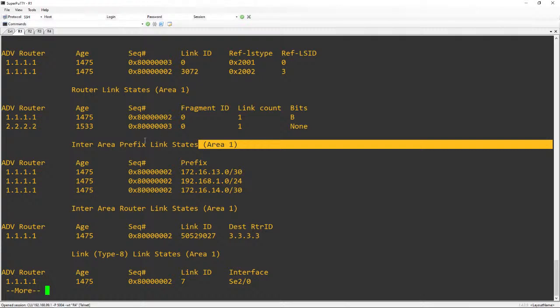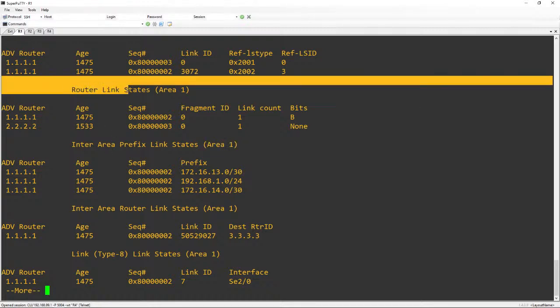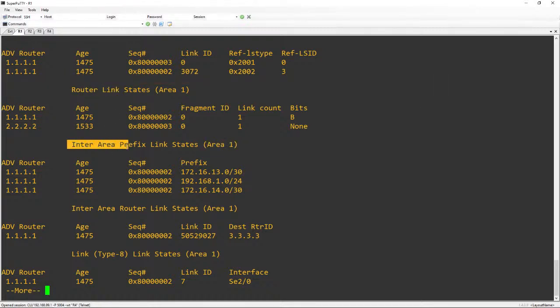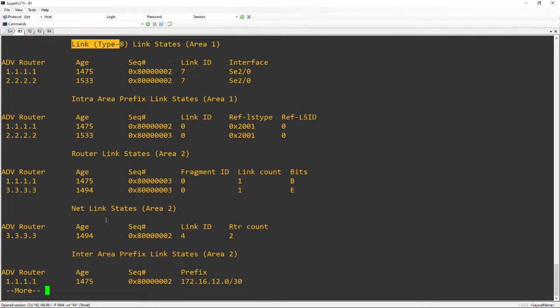So it looks like for area 1, I don't have a DR, because all I see is my type 1s, my type 3s, my type 4s, my type 8s, and my type 9s. And in area 2, I have type 1s. In area 2, I have type 4s. So router 3 is the DR for area 2.